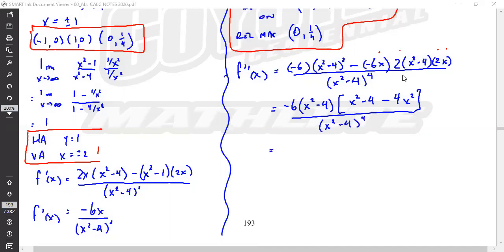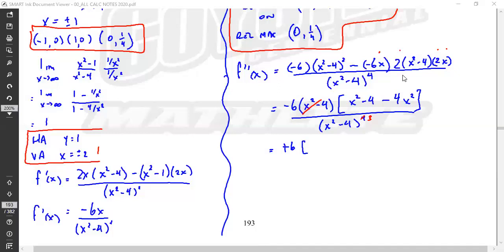All right, what can we do to tidy this up? Negative 6. This x squared minus 4 is going to divide out with one of those. So it's minus 6, and let's common factor a negative 1 out of that square bracket, so let's call this positive 6.